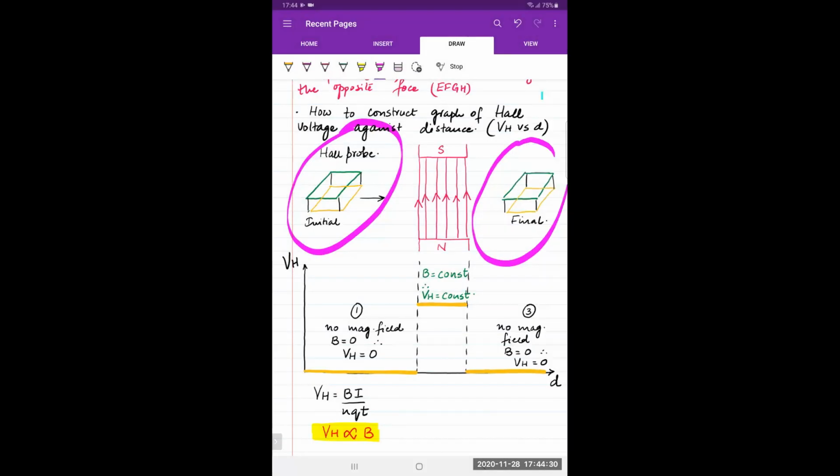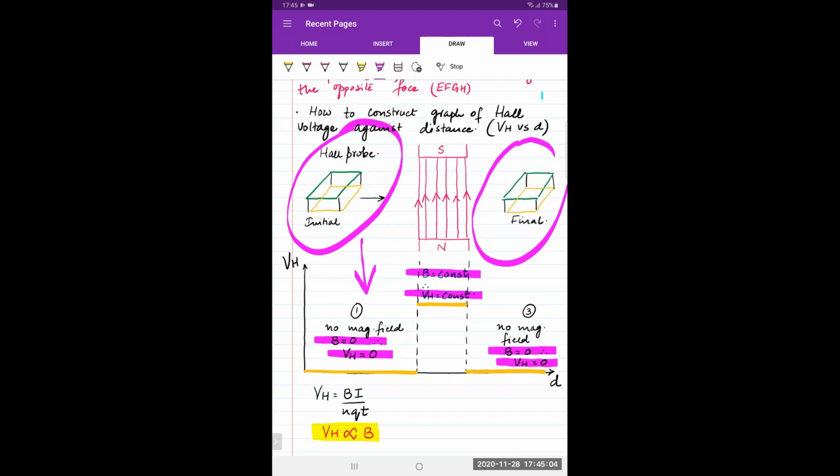So first stage, there is zero magnetic field, so no voltage. So the graph will be at zero, which I think Ryan wrote earlier. Then the middle section, there is a constant magnetic field, so constant voltage. And then the third section, again there is zero magnetic field, so zero voltage. So first zero, then maximum, then again zero.